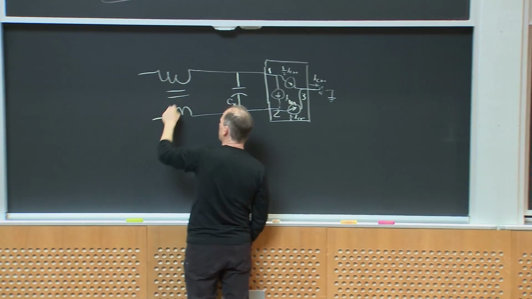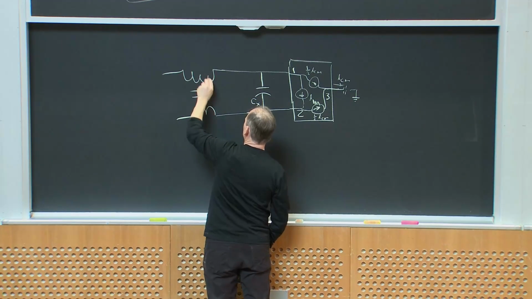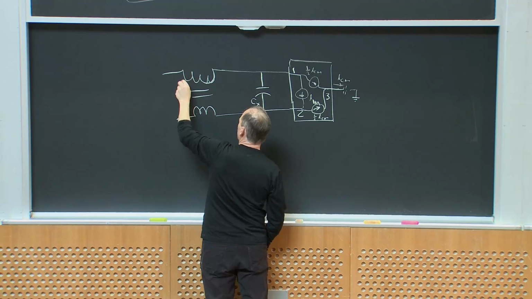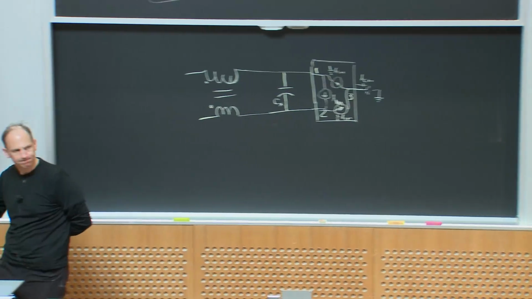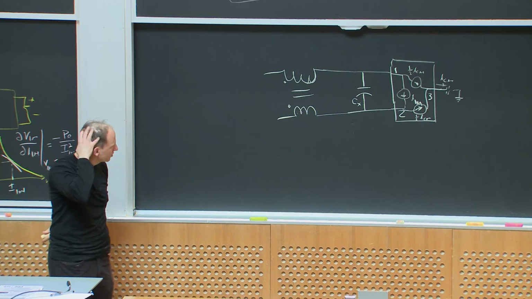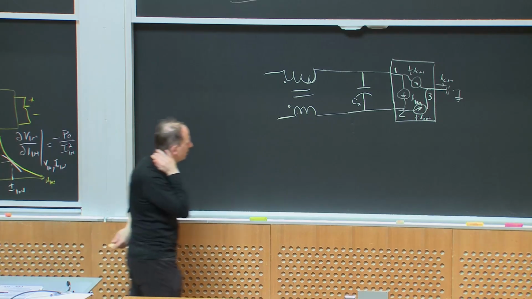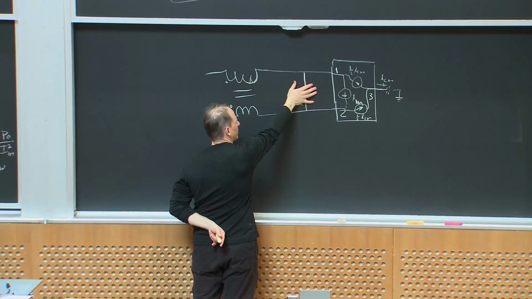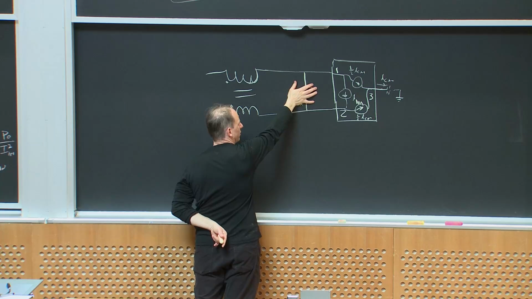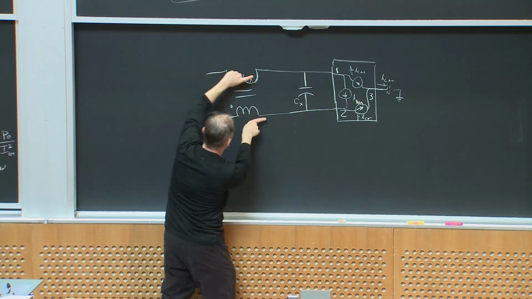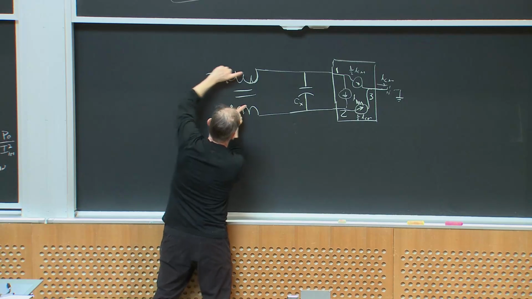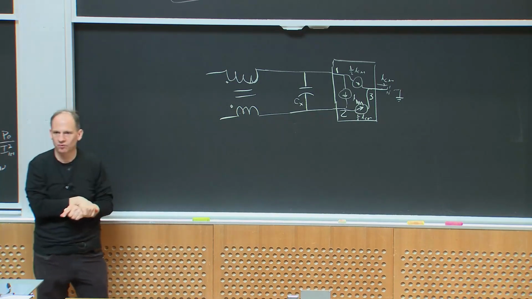It has equal numbers of turns on each side, and it's wound with its dots like this. Okay? So if this were an ideal transformer, and let's pretend that CX is an open circuit here, how much current can flow together through these two ideal transformer windings?